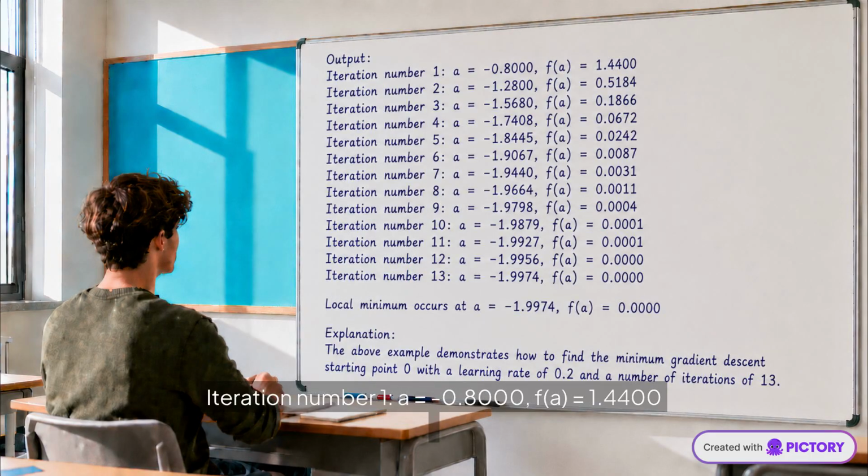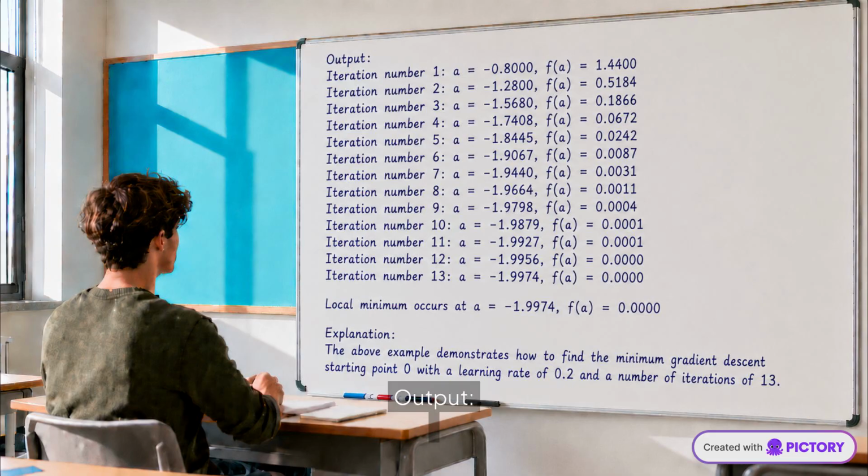Iteration number 1. a equals 0.8000. f(a) equals 1.4400. Iteration number 2. a equals 1.2800. f(a) equals 0.5184. Iteration number 3. a equals 1.5680. f(a) equals 0.1866.